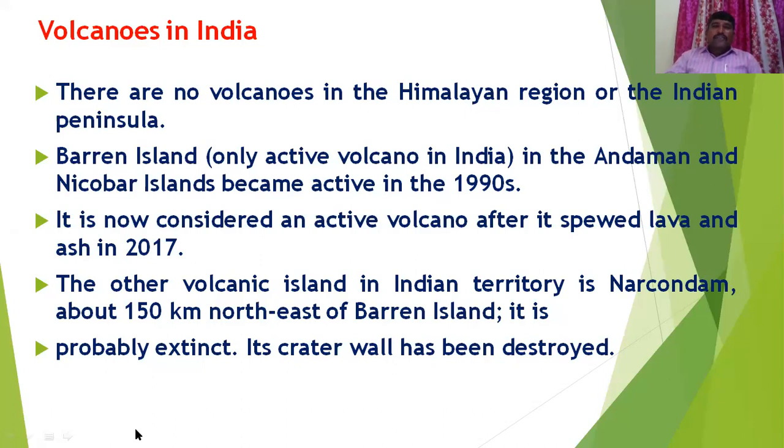It is now considered an active volcano after it spewed lava and ash in 2017. The other volcanic island in the Indian territory is Narkondam, which is about 150 kilometers northeast of Barren Island. It is probably extinct. It is dead. And its crater wall has been destroyed.